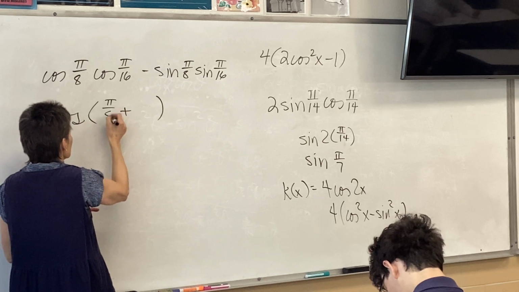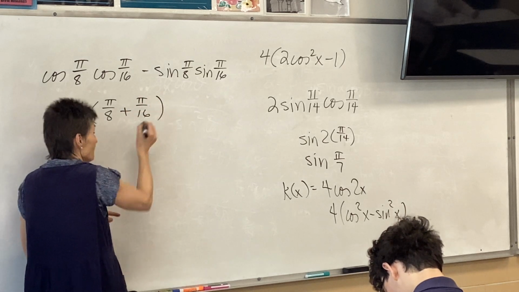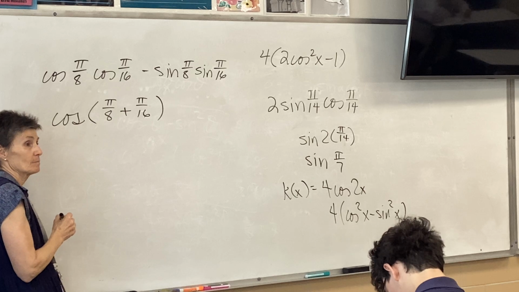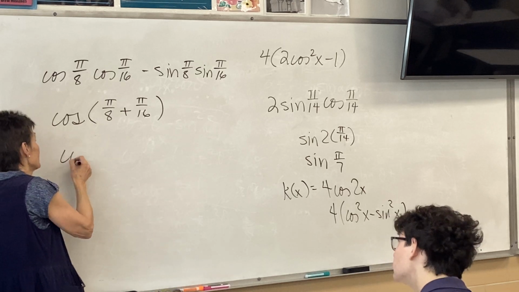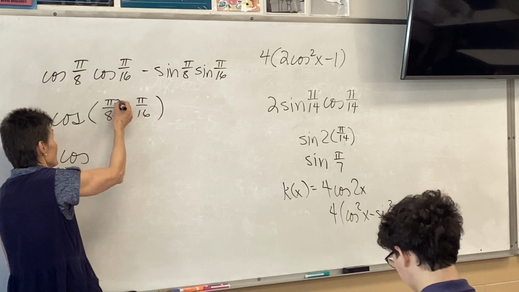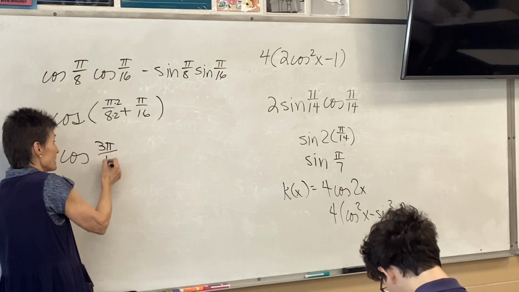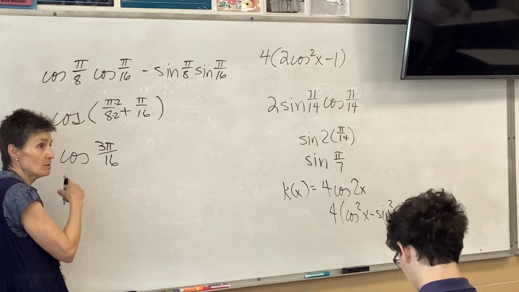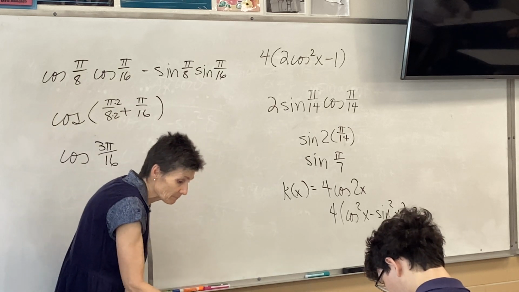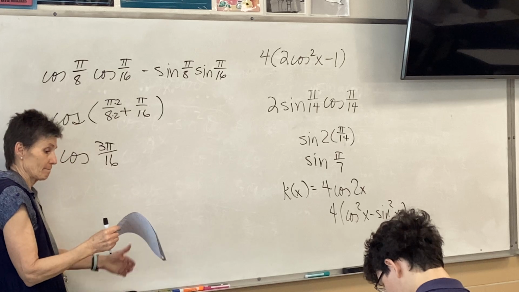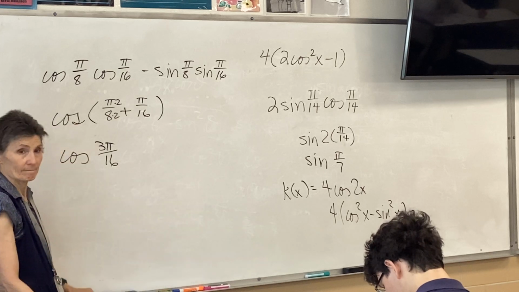Pi over 8 and pi over 16. I'm adding them together. So common denominator, 3 pi over 16. Is that an option? Cosine 3 pi over 16. Yeah. C.